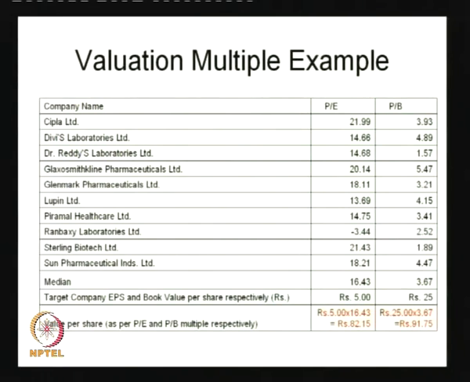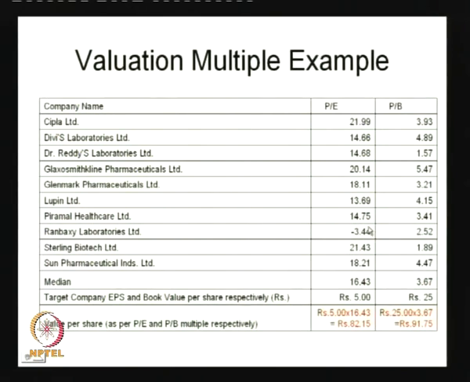These are certain companies in the pharmaceutical sector like Cipla Limited, Divi's Lab, which are part of the CNX Nifty index in India. On a particular date, 31st March 2009, the price earning ratio of Cipla is 21.99, for Sun Pharmaceuticals it is 18.21, and there are certain companies with negative multiples also.